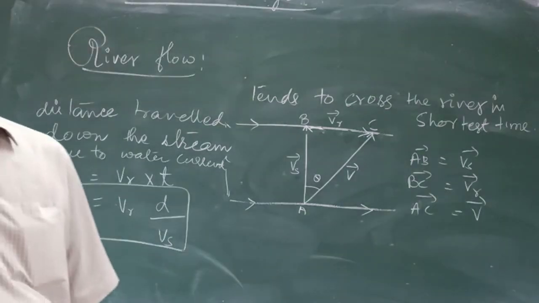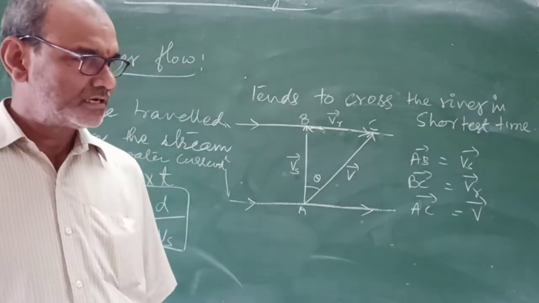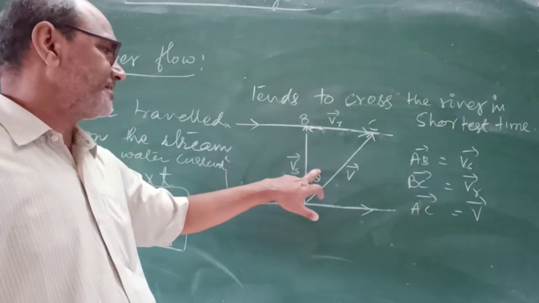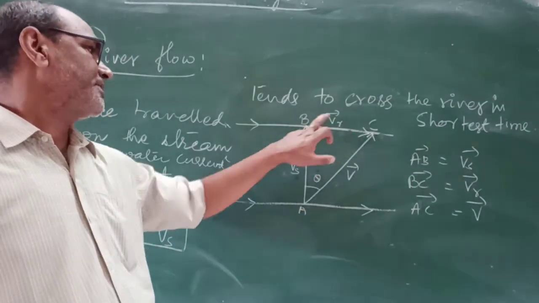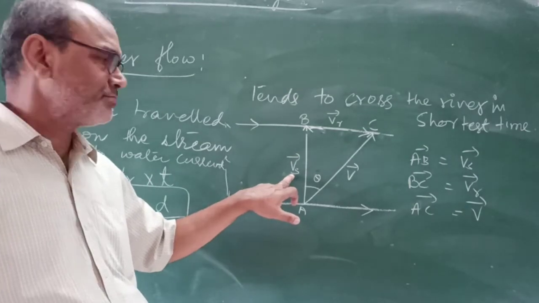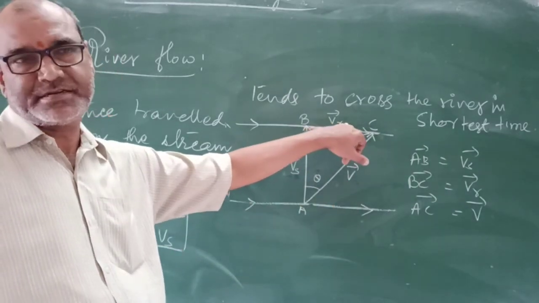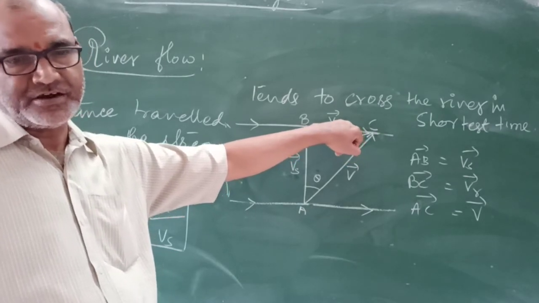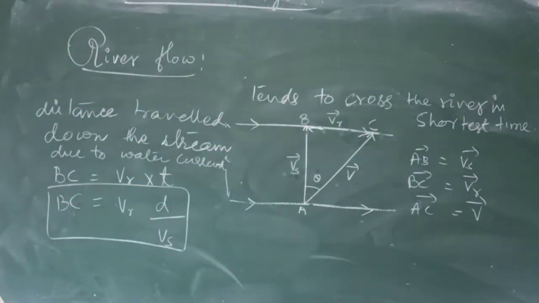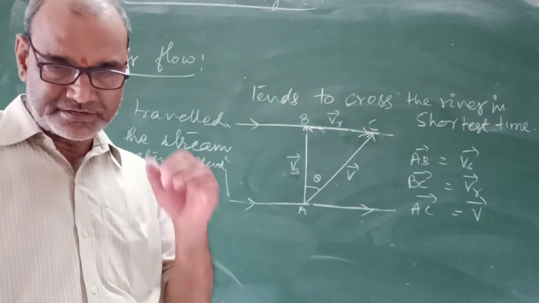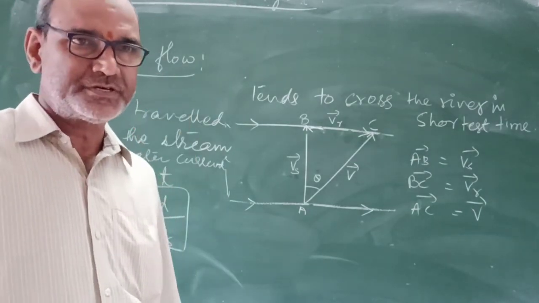Is it clear? First of all, direction: tan theta is VR by Vs. Magnitude of the resultant velocity is root of Vs square plus VR square. Okay? How much time to cross the river? T is equal to distance by velocity of swimmer.